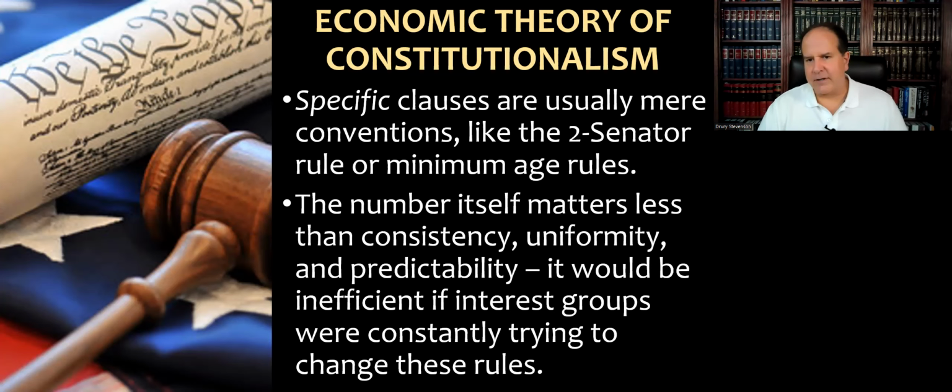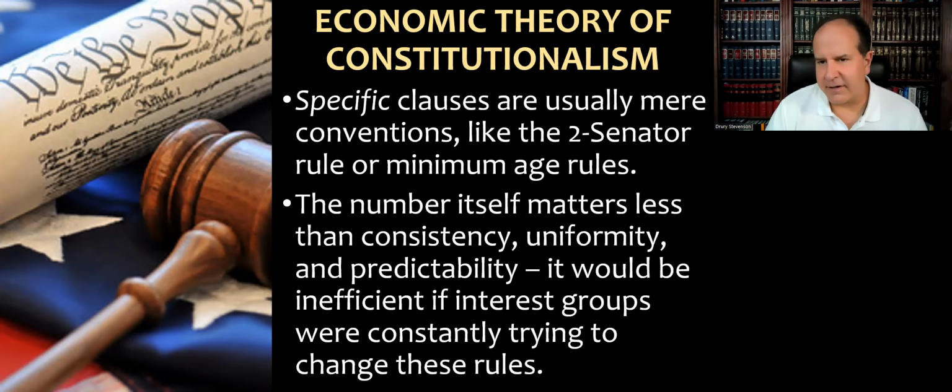If you think about it, in law school or college, the deadline for registering for classes, right? At some point you have to have a deadline if you want to finalize the schedule and have professors know which classes they're going to teach and who's in the class, and so forth. So the number in the Constitution itself matters less than the fact that we are going to have consistency, uniformity and predictability.